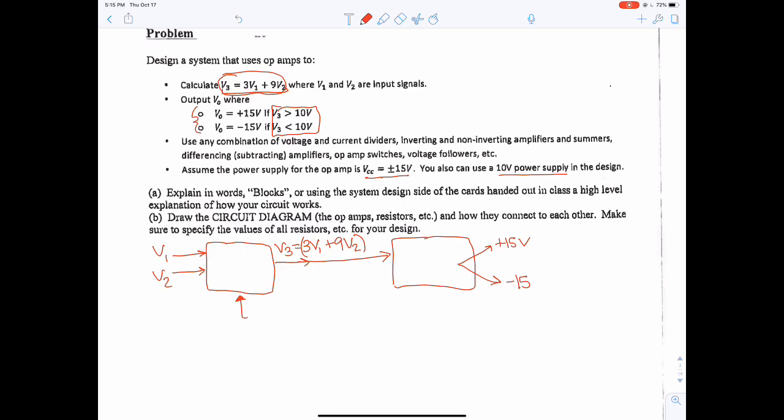For the circuits that we're familiar with two inputs, such as this, we have a non-inverting summer, an inverting summer, and a difference, meaning it would have an opposite sign for one of them, such as a subtraction. So since these are both adding and they're both positive, we could maybe use a non-inverting summer. So we would want to look at that.